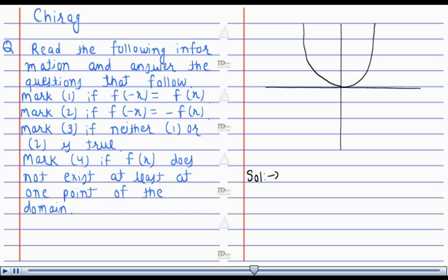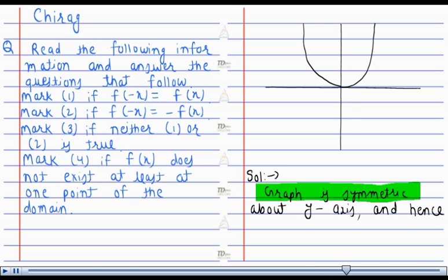In this question, if we see the graph, this graph is symmetric about y-axis, and hence the graph is of an even function. Therefore, the answer of this question is 1.